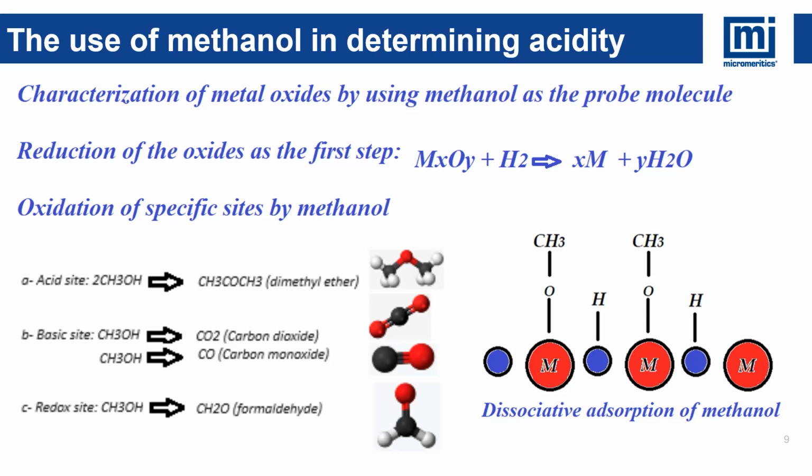Now, if we see only carbon dioxide or carbon monoxide, then this is the formation of basic sites. So the formation of CO2 and CO corresponds to the amount of basic sites on the catalyst. And if we get formaldehyde, then we say that we have a redox site on our catalyst. So you can see methanol is very advisable to be used to determine all these three active sites on our catalyst.